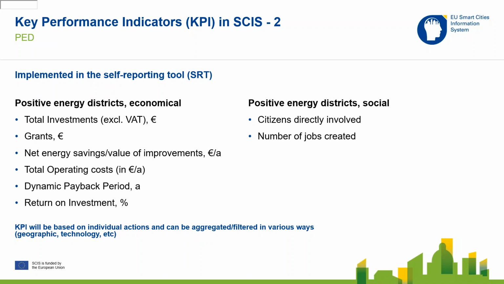But I can tell you that it is not about the number of jobs in the project, but the number of jobs because of the project, so permanent jobs afterwards. Of course, it's difficult to estimate in the beginning of the project, but it is something that the EU always wants to know. So that's why it has been included.